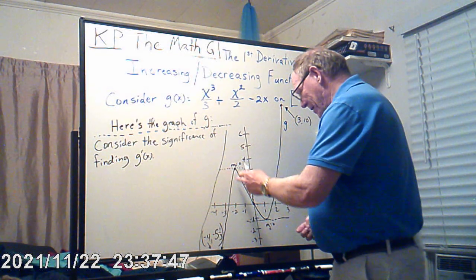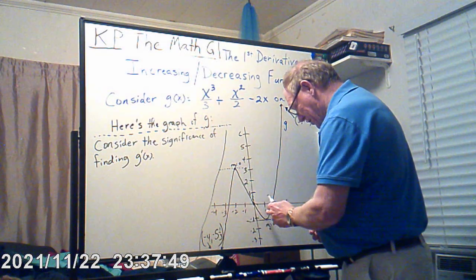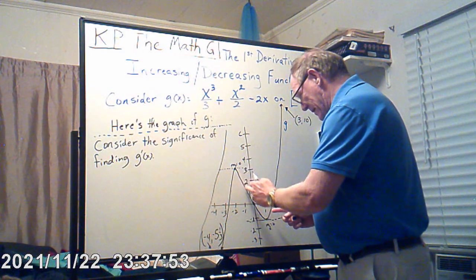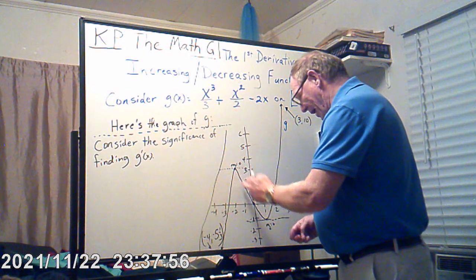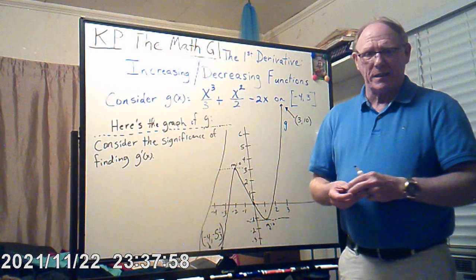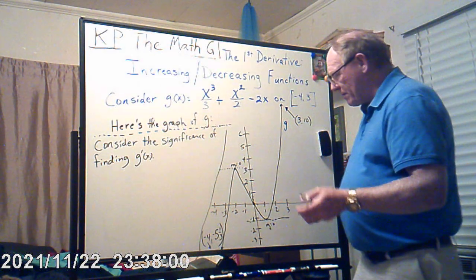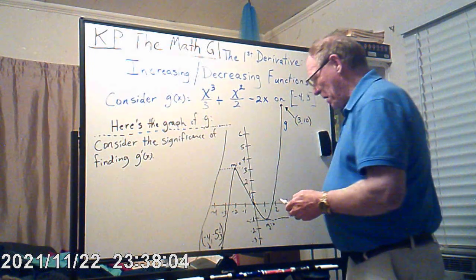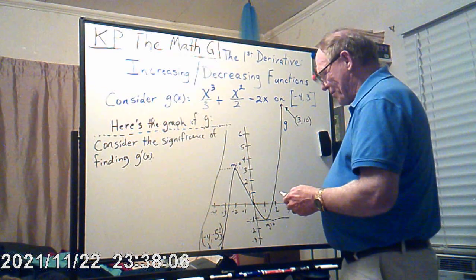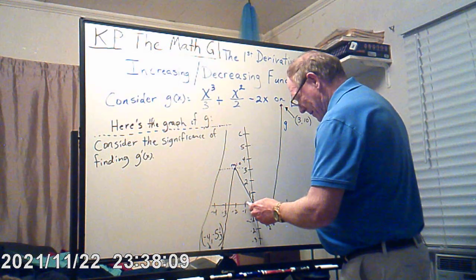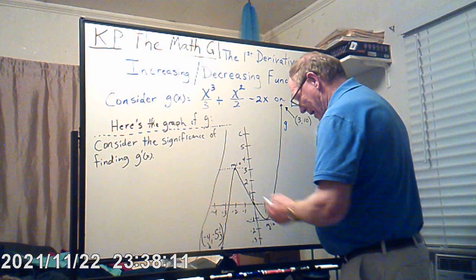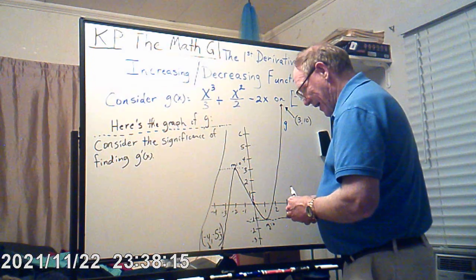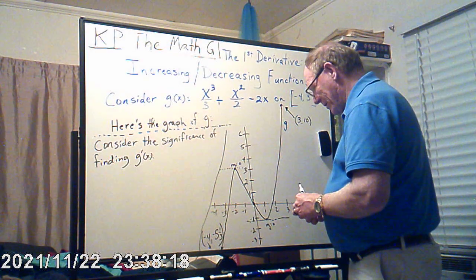And in between, we notice that from negative 2 to 1, this graph is decreasing, isn't it? In other words, at negative 2, we're at 3, I want to say 3 1/3. At 1, I think we're at 1 1/3. I'd have to look at the table again.